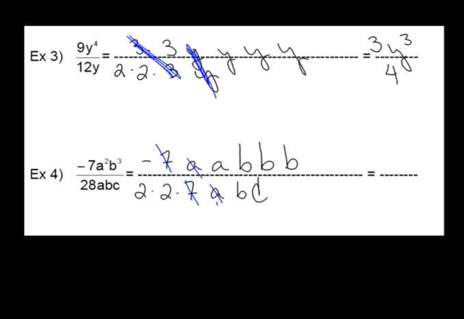I got an A, and an A goes away, and then one of my b's goes away. So on top, I still have my negative sign hanging out up here. I have a and a b to the second power. On the bottom, 2 times 2 gives me 4, and the only thing left variable-wise is the letter c. So negative ab squared over 4c, for example 4.